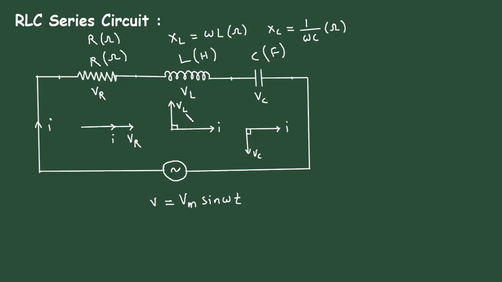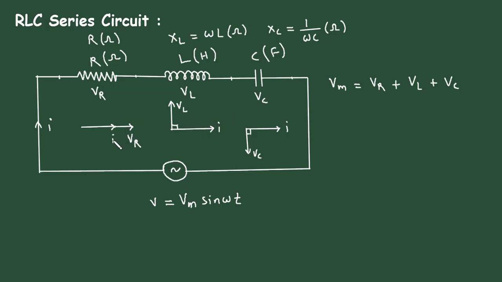Now the voltage across resistor is VR, the voltage across inductor is VL and the voltage across capacitor is VC. So the sum of these should be equal to the supply voltage. So the maximum of the supply, that is Vm, is equal to the maximum of VR plus the maximum of VL and the maximum of VC. Now here we can see all of them have different phase.